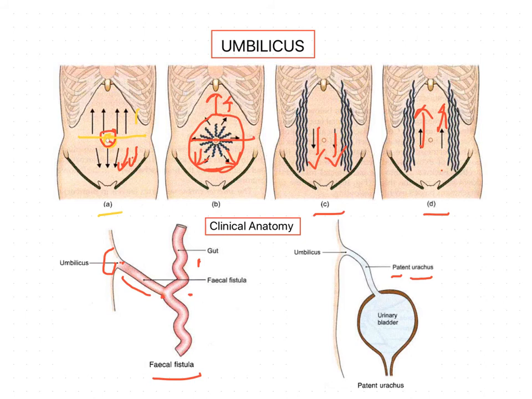Such a condition is called patent urachus. And also another condition called umbilical hernia is seen if any weakness is present at the umbilicus. So this is about the clinical anatomy of the umbilicus.